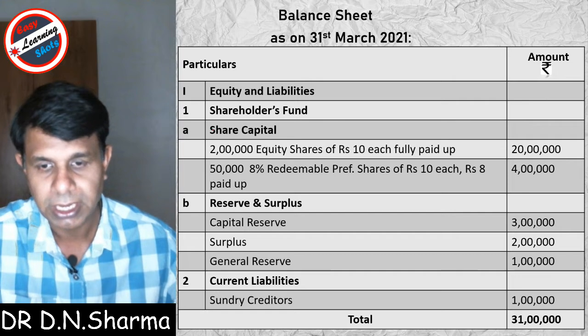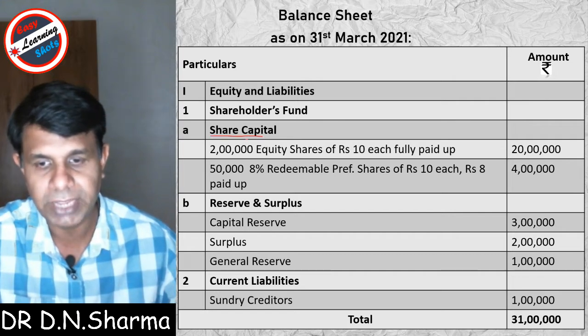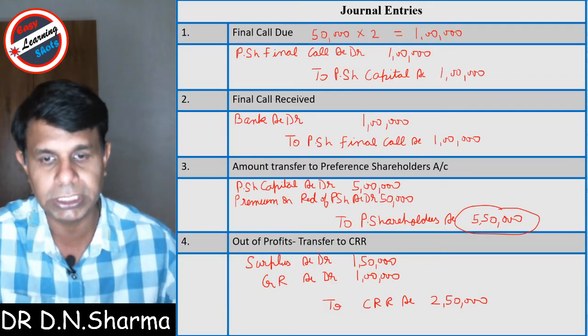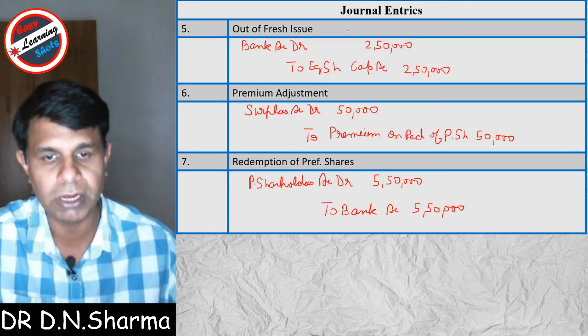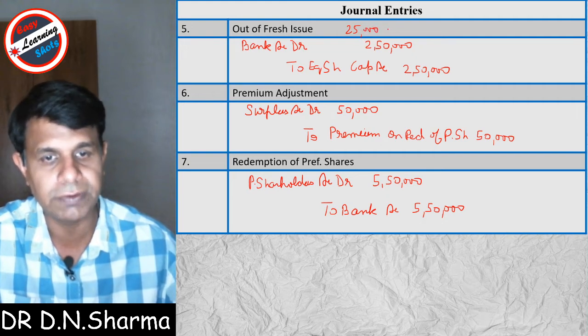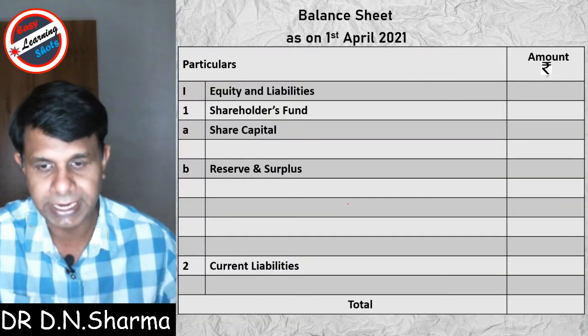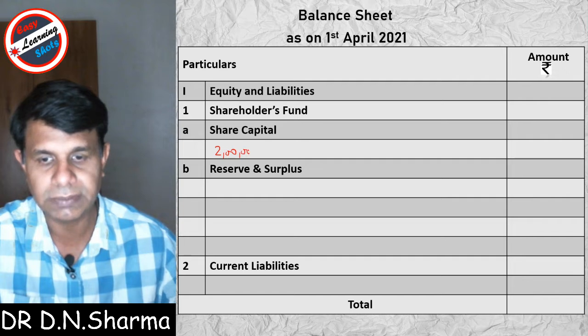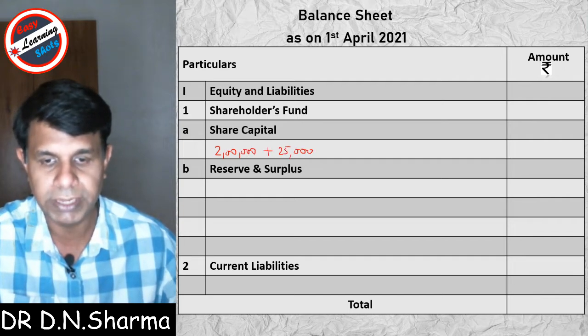So here under share capital we have 2 lakh equity shares, and for redemption of preference shares we issue new equity shares of 25,000 equity shares at the rate of 10 each. So we already have 2 lakh shares, and we issue 25,000 new equity shares.